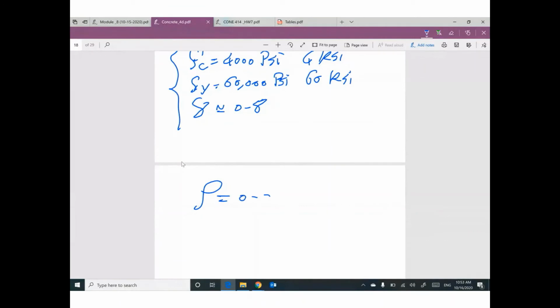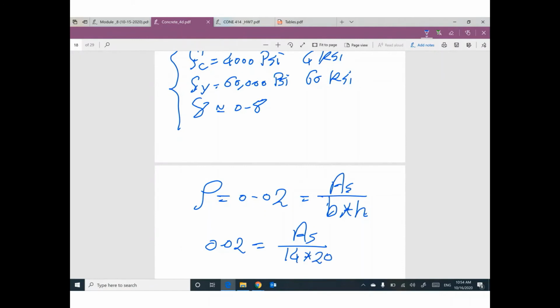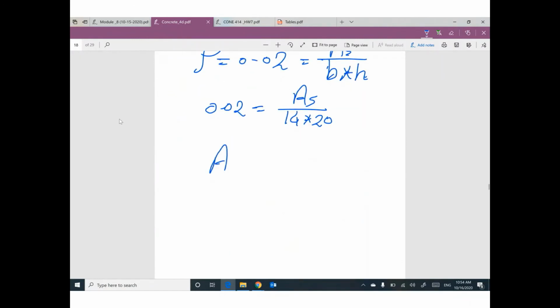This rho equals area steel divided by b times h. So 0.02 equals area steel divided by 14 times 20. So area steel equals 5.6 inch square. How many bars and what is the size of these bars?